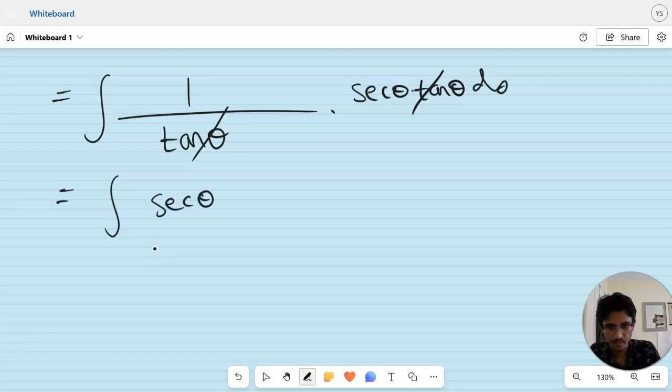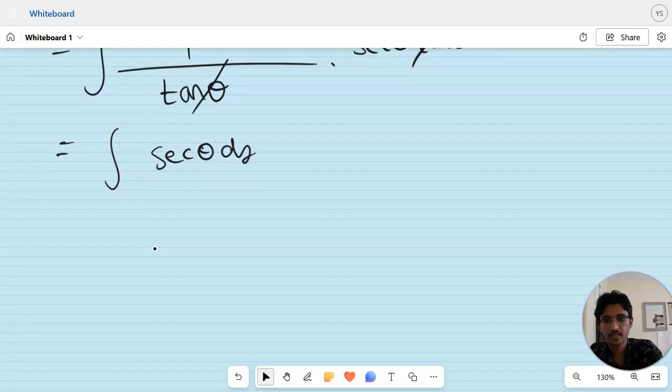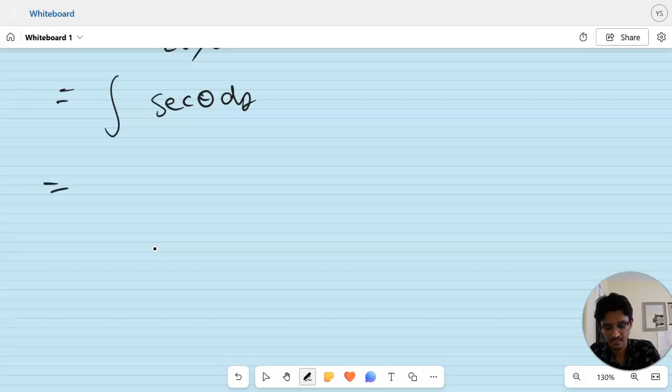Now this is where we have to remember what the integral of secant theta is. It's one of those integrals that is kind of hard to remember. So if we go back to a memorization technique, secant tan: say we want the integral of secant, so we cross that out and we're left with these two.